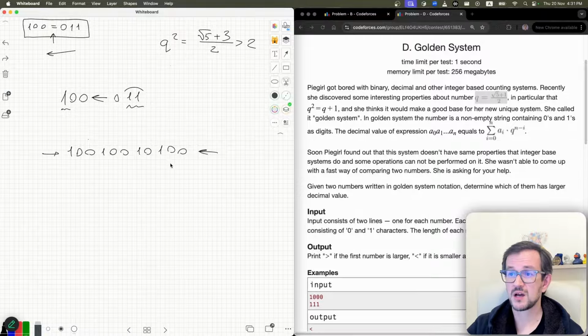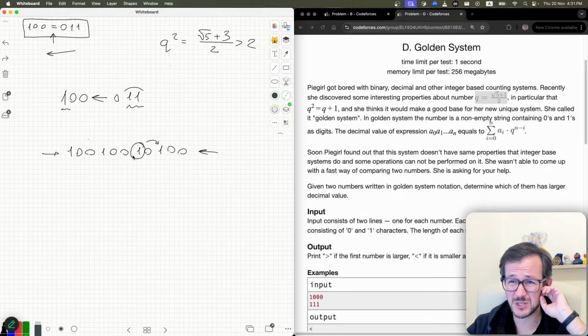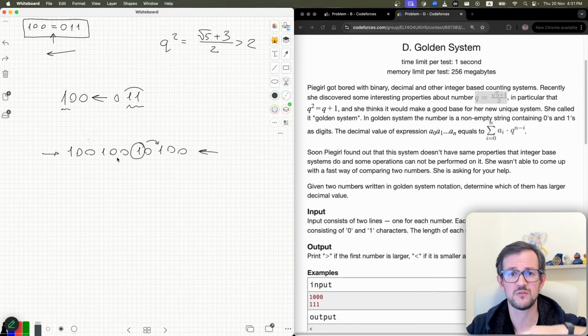So each next digit is more than twice bigger than the previous digit. So basically we have the same situation as in binary numbers, even more strict.